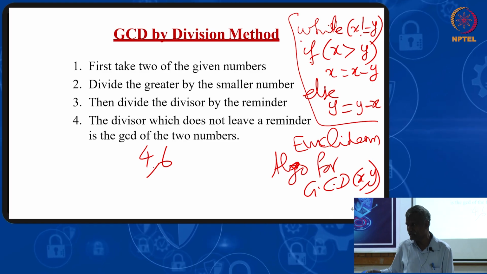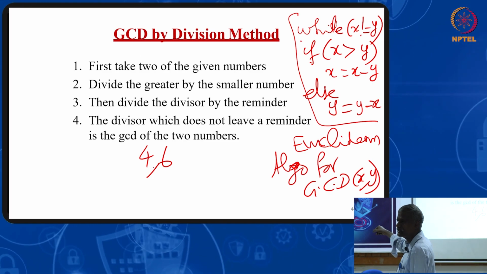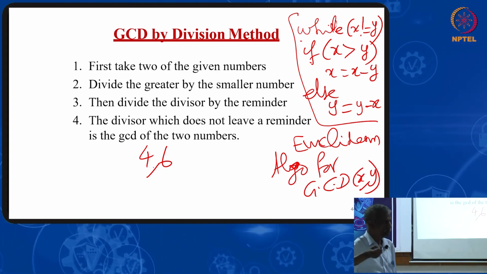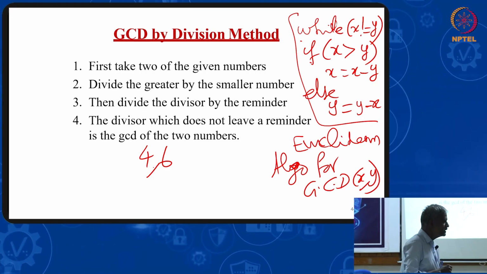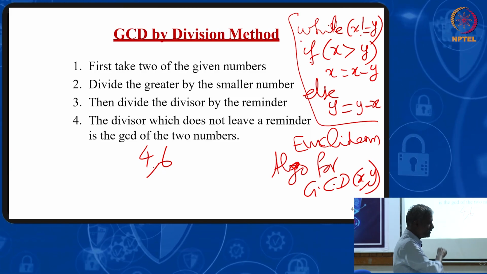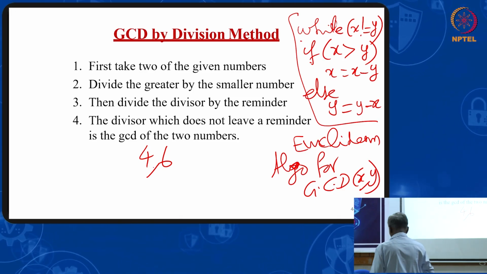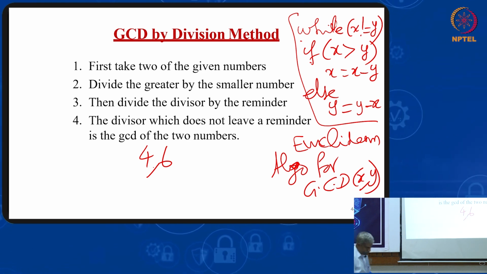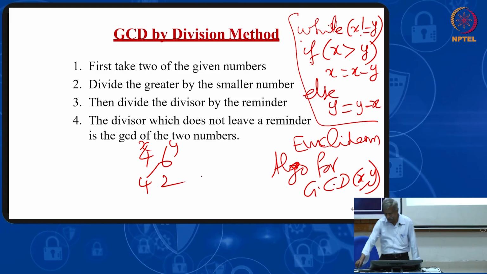Inside, if x is greater than y, you come to the if part. If x is not greater, you come to the else part. Here it is the else part. So y equals 6 minus 4, which is 2. So x equals 4, y equals 2 now.